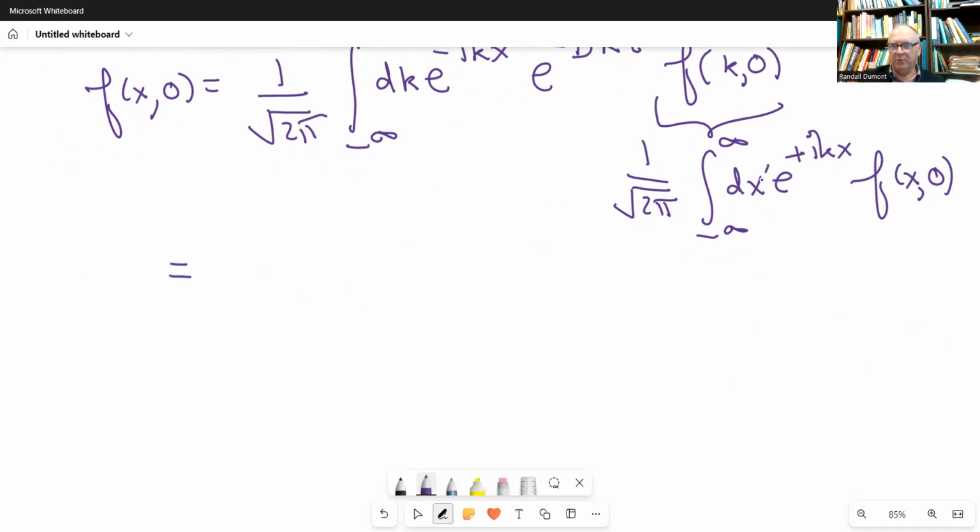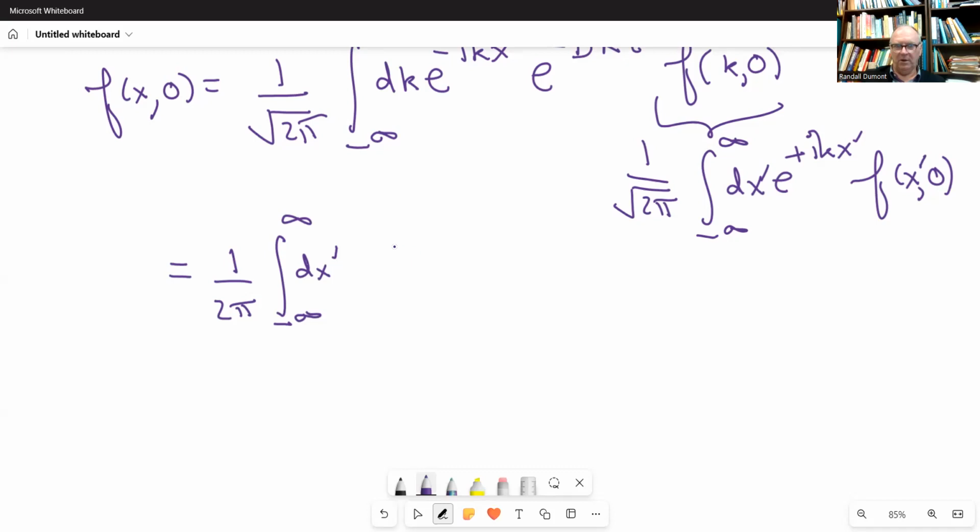Actually, this has to be an x primed because we already have an x here. This has to be a dummy variable, x primed. So we get 1 over 2 pi. I'm going to pull my integral with respect to x primed out here.